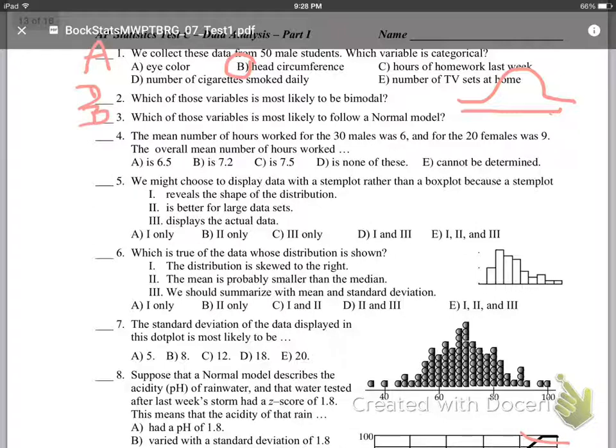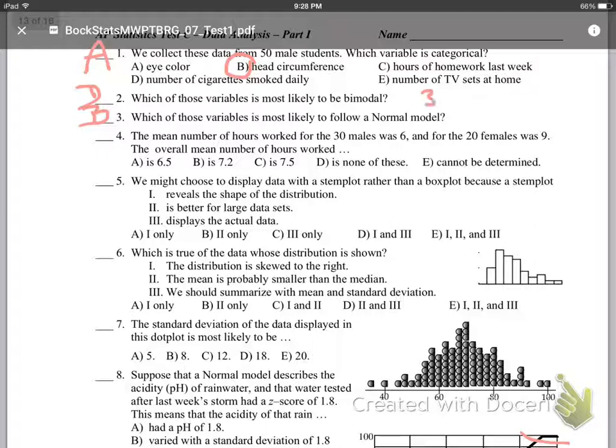The mean number of hours to work for 30 males is 6, and for 20 females was 9, the overall mean. Okay, let's go work this out. I'm going to erase my model because I need the space. Okay, this is what we call a weighted mean. This would be just like if I wanted to find my overall average for AP Stats. I got my A day kids and I got my B day kids.